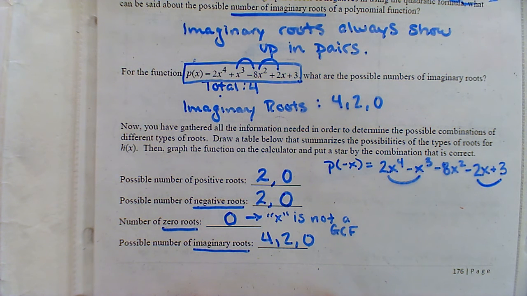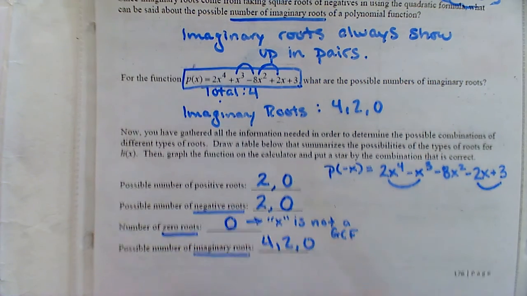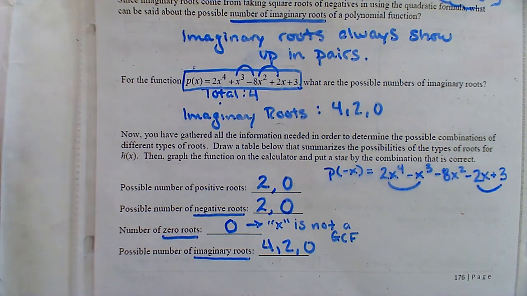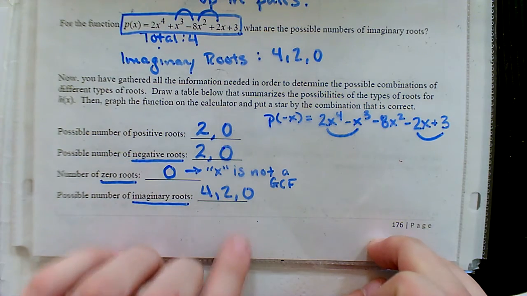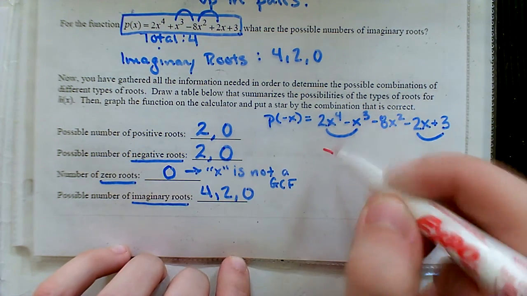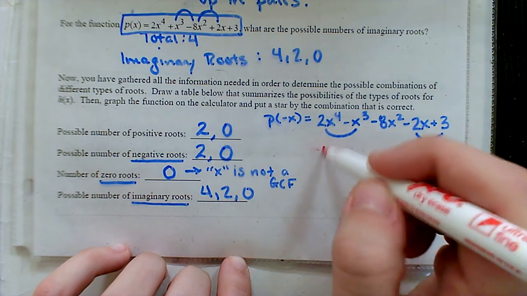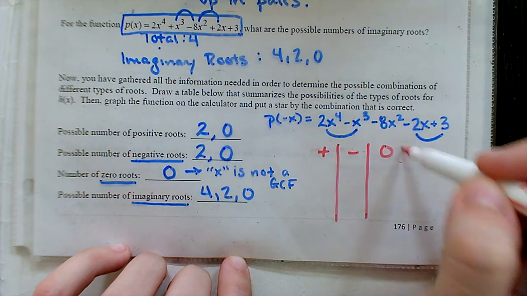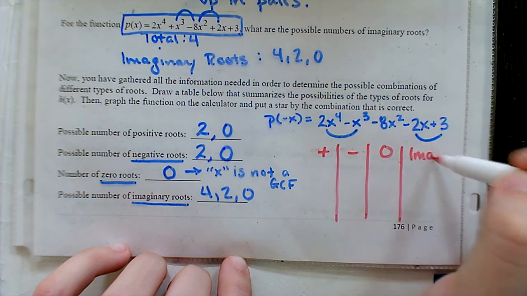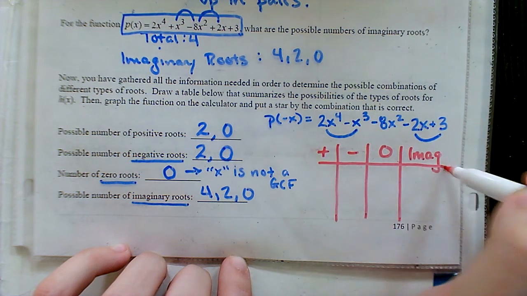All right, so out of all of these possibilities, we're going to create an organized chart to list all the different combinations. Let's go ahead and I'll show you how I set this up. You can set it up however you want if you have a particular preference, but we're going to make some columns here. Okay, a positive column, negative column, 0 column, and imaginary.